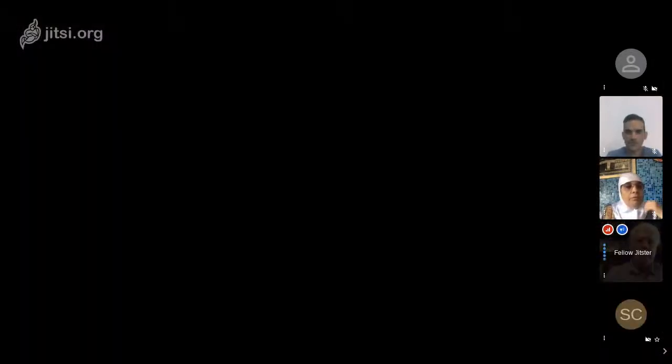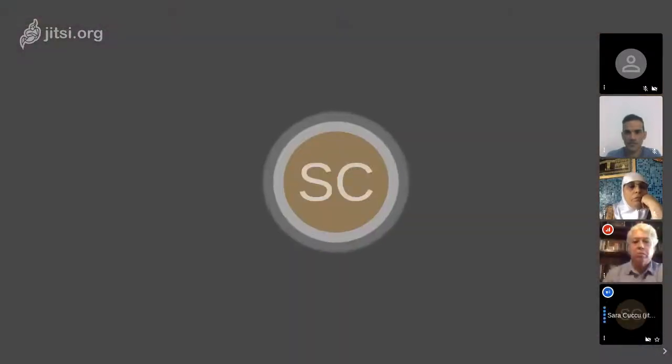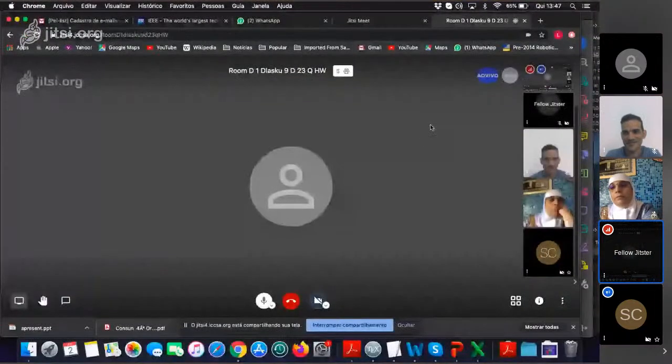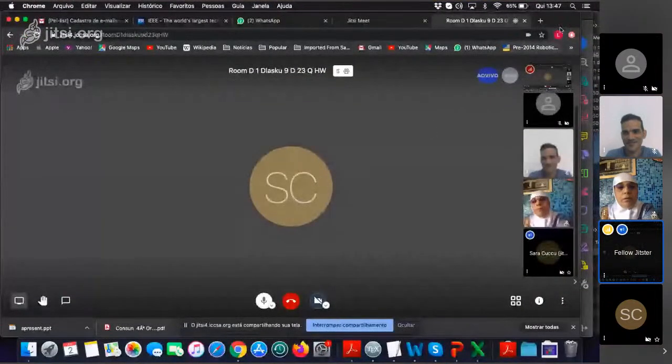It gives options: screen, application, or browser tab. Which one do you want to use? Okay, now I had to choose the screen. Now you are sharing.